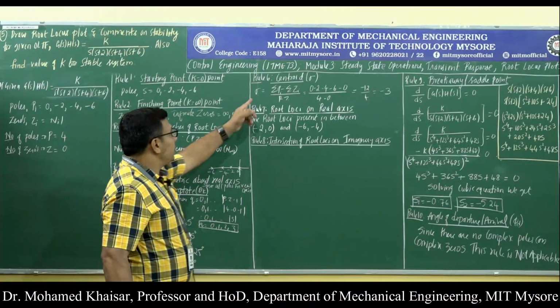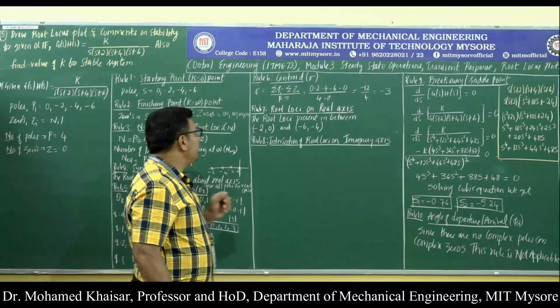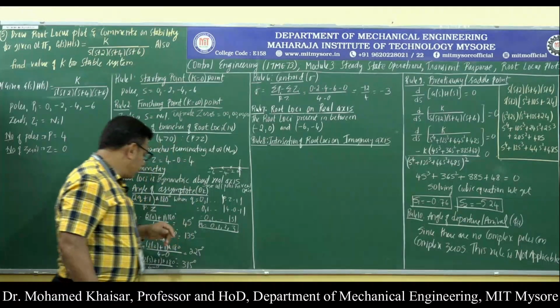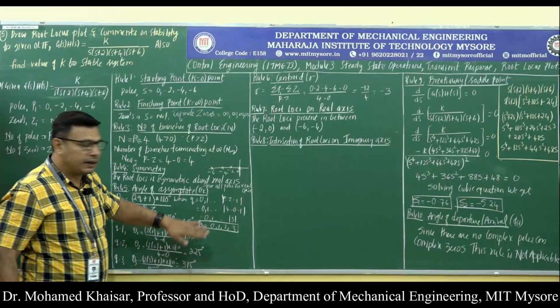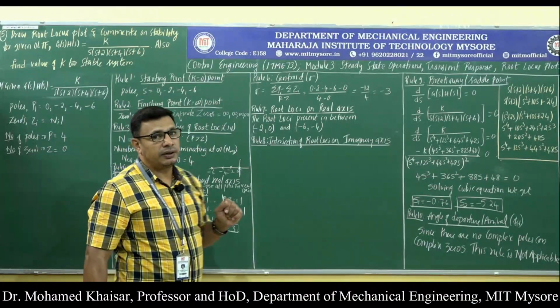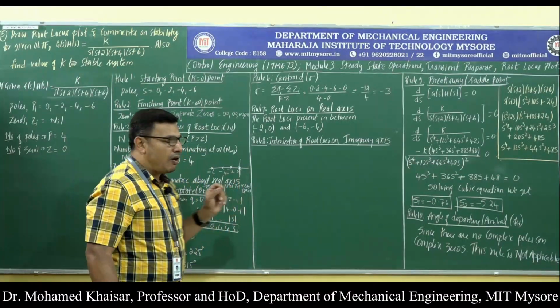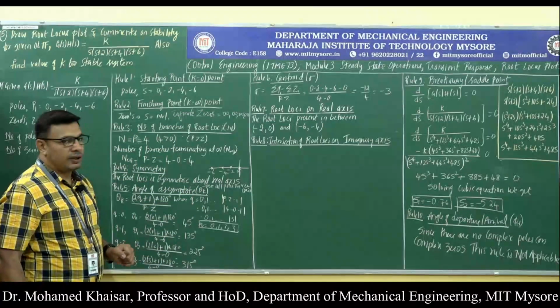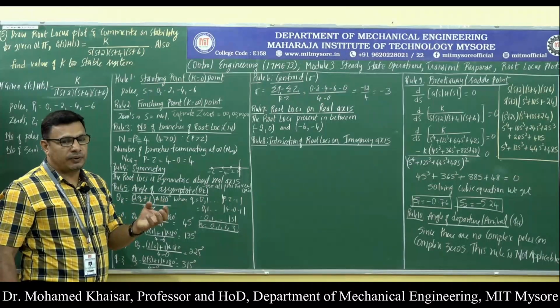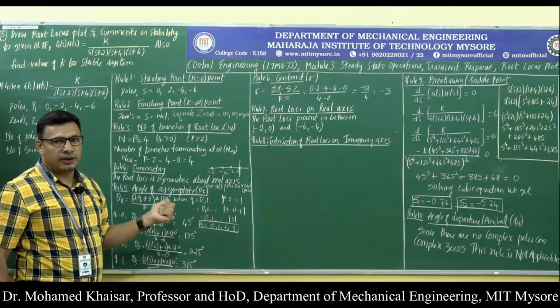We know that rule number 6 is about the centroid. As soon as we come to know there are 4 asymptotic straight lines, the centroid is a point on the real axis from where all the asymptotic straight lines are going to emerge. So, where do the asymptotic straight lines emerge from?